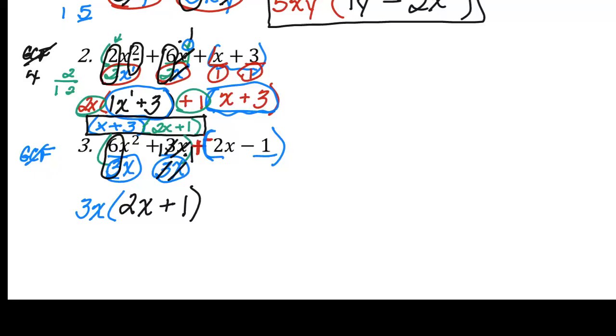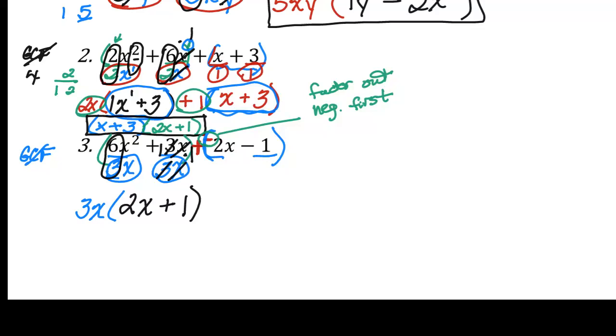Here I have in front of my binomial a negative. And remember, you want to factor out any negative first. Okay, so as I'm looking at negative 2x minus 1, negative 2 and this minus 1, the only thing they have in common is 1, but I know I have to make that a negative because my first term is negative.